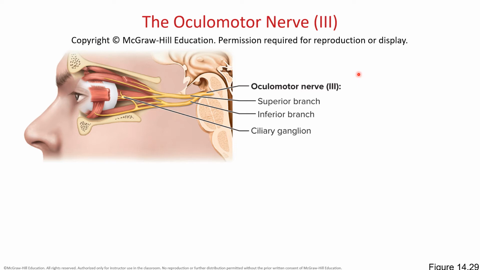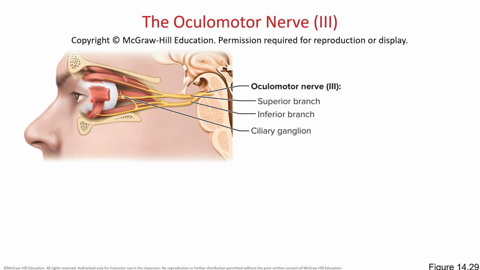To test this one, we would look for differences in size and shape of the right and left pupils. So you could look into this pupil here, and then look at the other side. We can also test the pupillary response to light. So we can shine a flashlight or a penlight into this eye and see if the pupil will constrict.